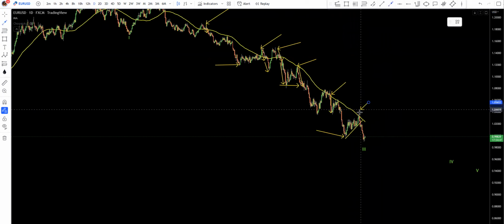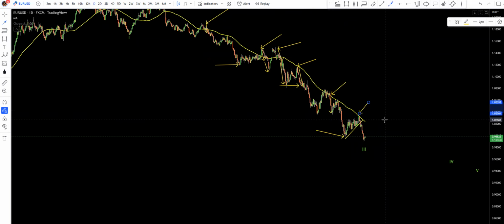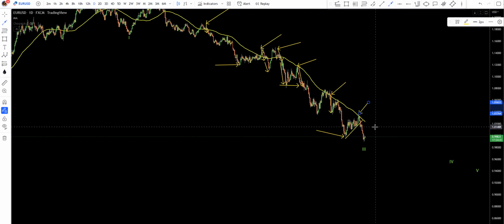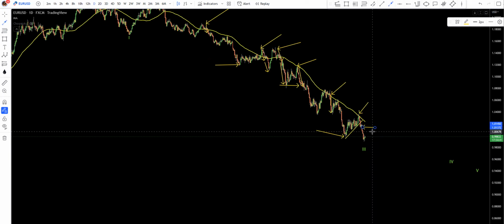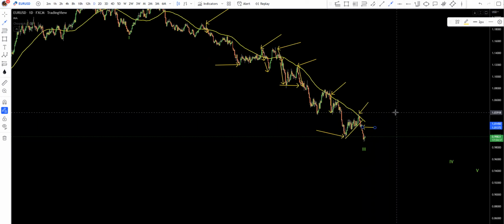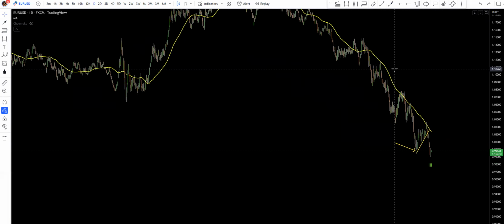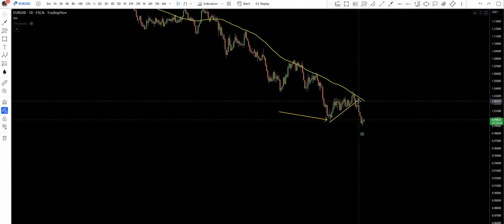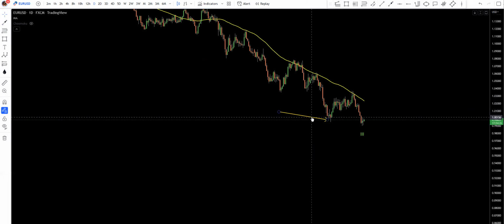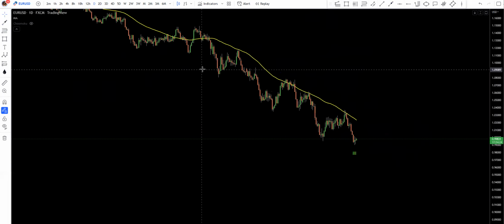In terms of sell, here is where you can actually sell it again. All right. And if you can actually add to your trades, you could add here as well. Then of course the previous low can take some more. So that is the count for euro dollar, as well as some ideas on how to time your entries.